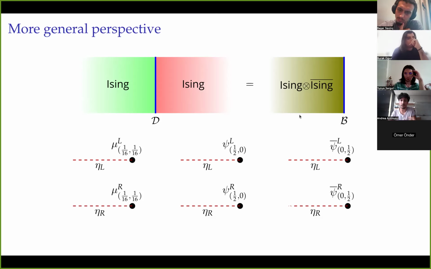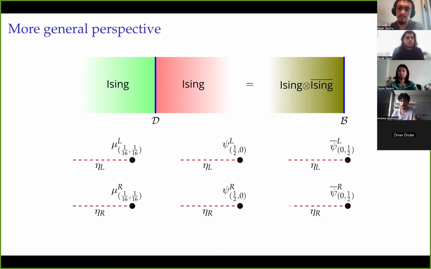But the important thing to notice here is just that now I have these two eta lines, these two Z2 lines, and they both have in their twisted sector a (1/2, 0) primary. And similarly, here I have again eta left and eta right. Each of them has a (0, 1/2) primary, and they come from completely decoupled theories.